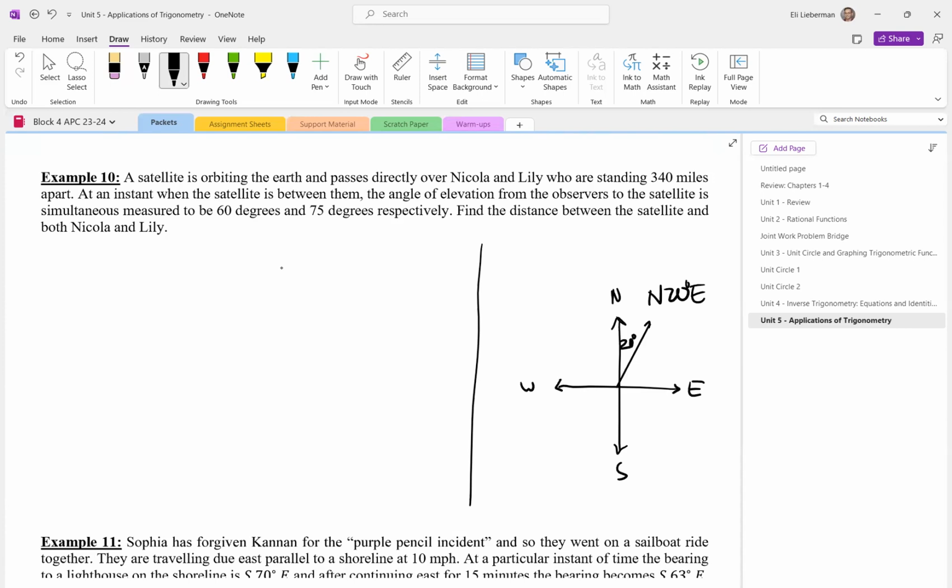It's always given in terms of north and south. You could try to say east 70 degrees north or something like that, but that's just not standard.